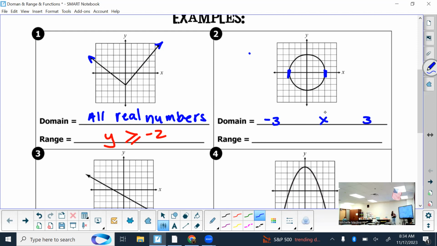And then make sure the signs face the correct way. So I always do smaller number on the left, bigger number on the right. And then x, so what's actually on the circle, like 0, 1, 2, 3, is that bigger or smaller than -3?